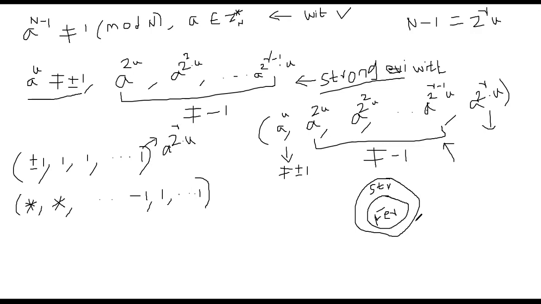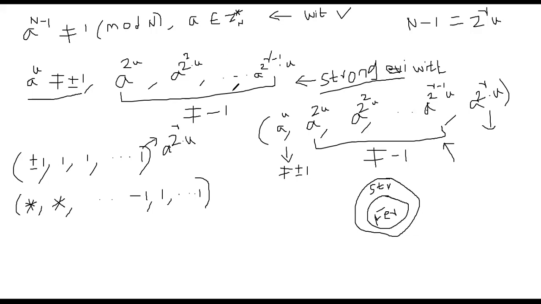So that's one of the reasons why we think that Miller-Rabin is better than Fermat-Euler, because the number of elements in the strong witness set is at least as big as the number of elements in the witness set you would get when applying the Fermat-Euler relationship.